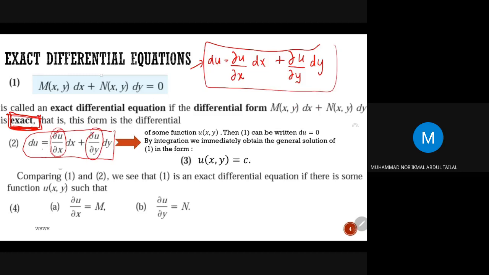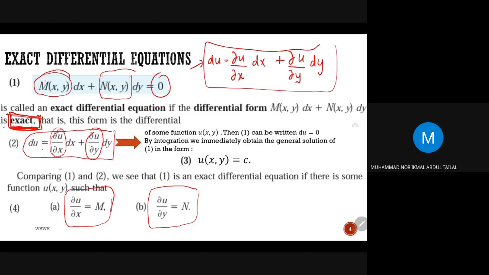You compare equation 1 with equation 2 here, then you can see, okay, M(x,y) ni adalah kita punya del u over del x, and our N(x,y) kat sini adalah our del u over del y.